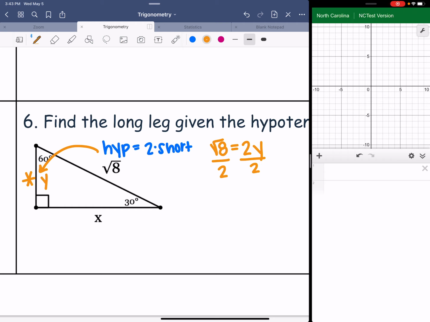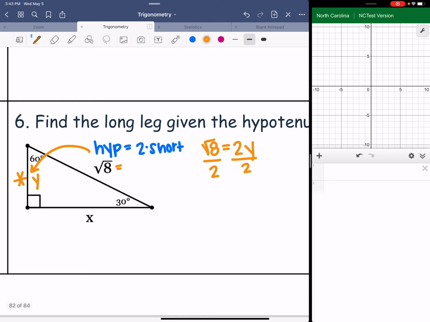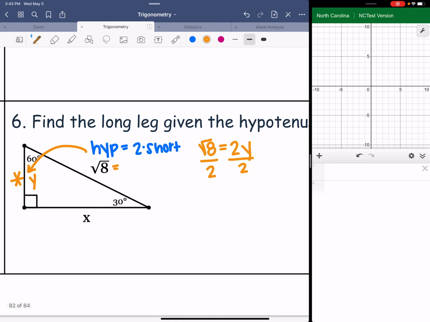The only thing we have to make sure of is that we simplify the square root of 8. So remember the square root of 8. I'm going to write that out on both places so that we can reference it. The square root of 8 simplifies to be square root 4 times square root 2.